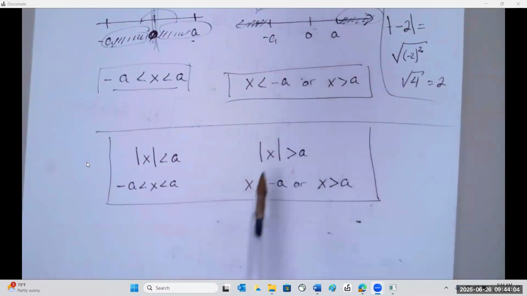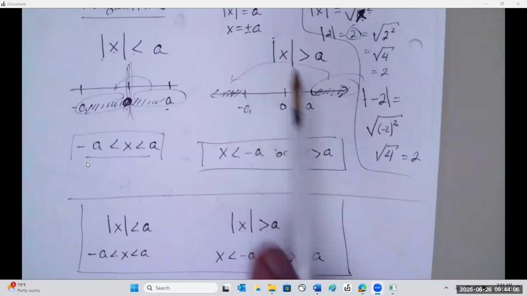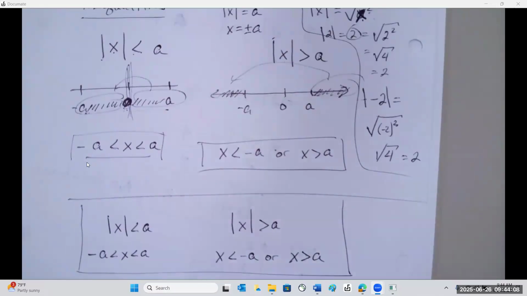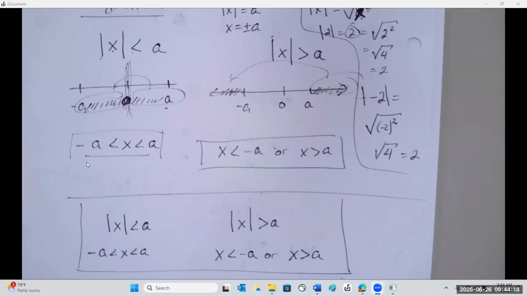Just think about what they mean. Look back at these pictures. If it's greater than, it's going away from zero. So it means it has to go in both directions away from zero. If it's less than, then it's going between zero and that number.